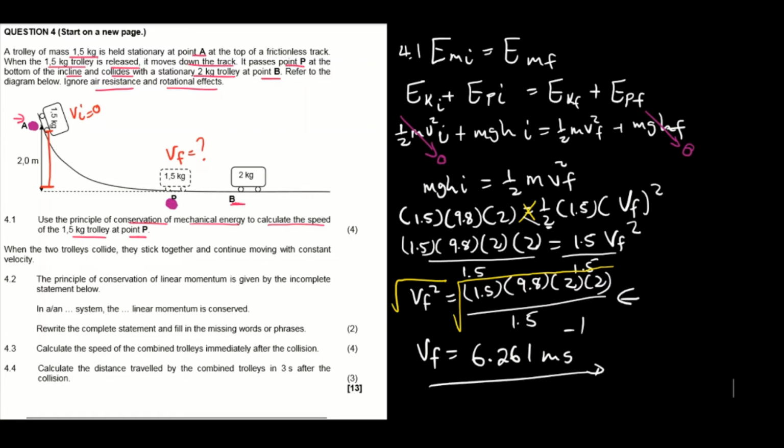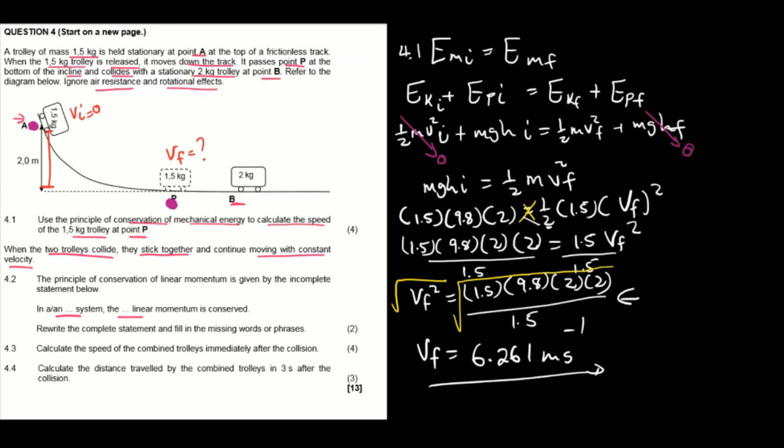Now the second part of the question says that when the two trolleys collide, they stick together and continue to move at constant velocity. So 4.2 says that the principle of conservation of linear momentum is given by the incomplete statement below.